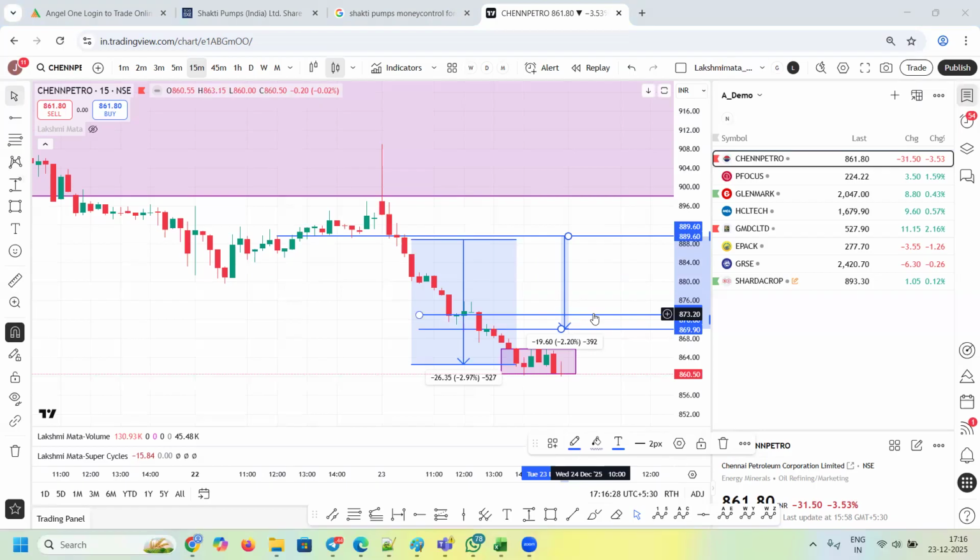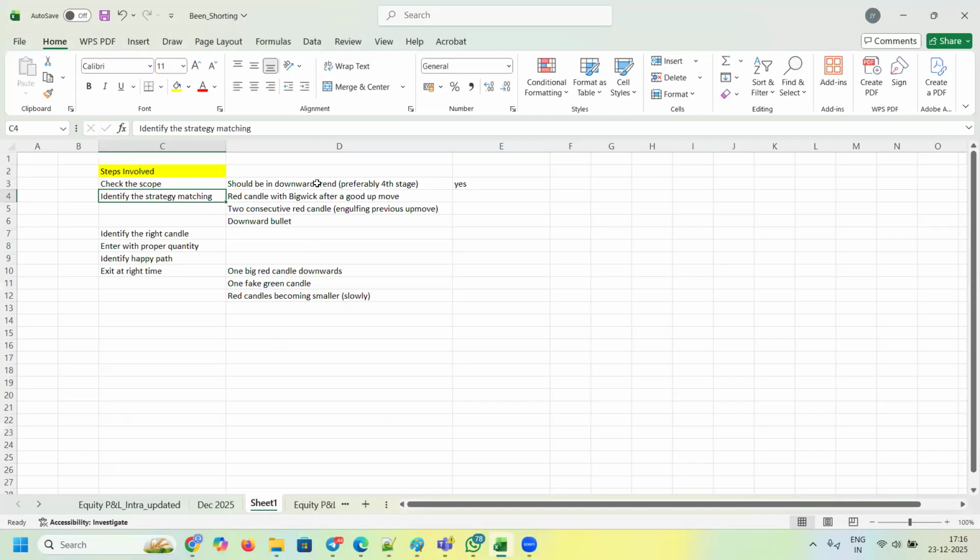Like it depends, right? We have waiting time or not. But what we need to remember is, once the stock starts falling below this, it will form nearly a good amount. Okay. So we need not be worried, especially when it matches this, when you have already checked the scope. Okay.